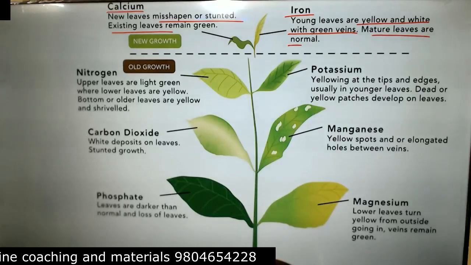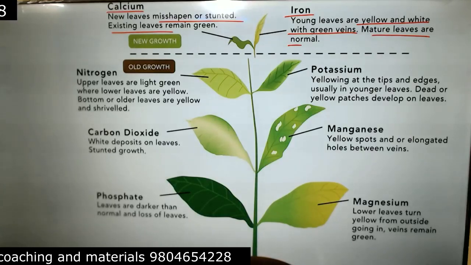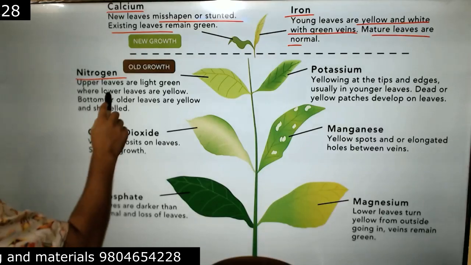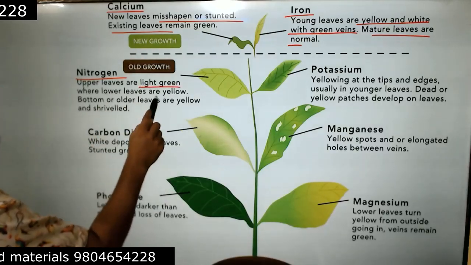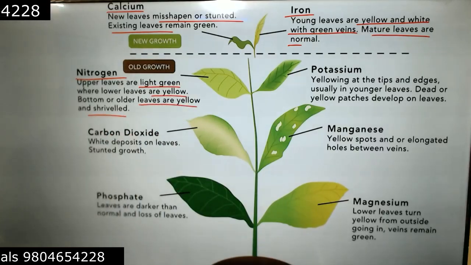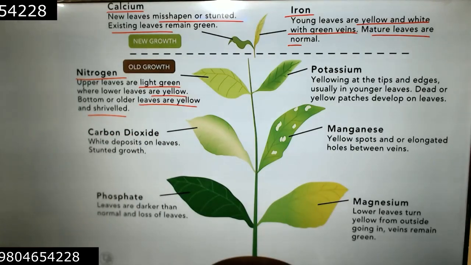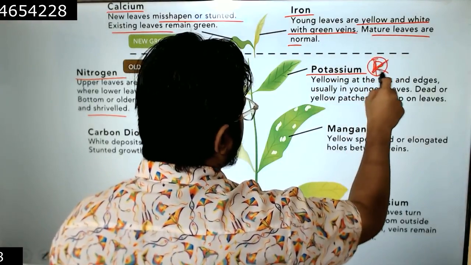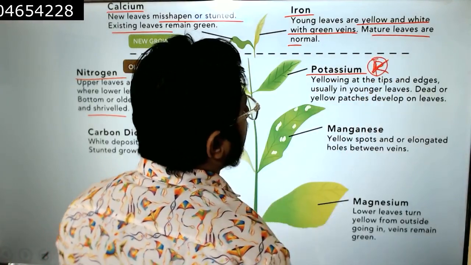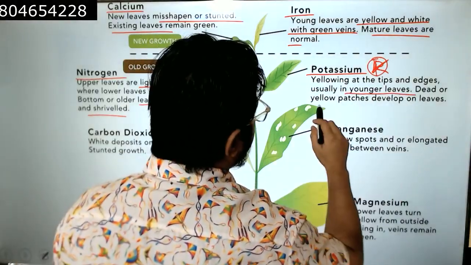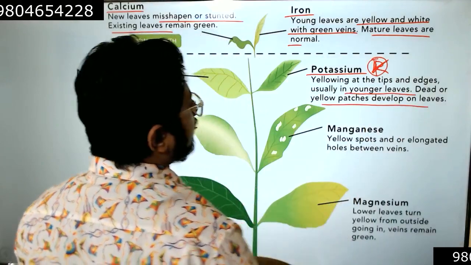For the old growth, the rest of the deficiencies are visible. In nitrogen deficiency, the upper leaves are light green, the lower leaves are yellow, and the bottom leaves are yellow and shriveled. This is what nitrogen deficiency looks like. Potassium deficiency: yellow at the tips and edges, usually in younger leaves, and dead or yellow patches develop on the leaves.